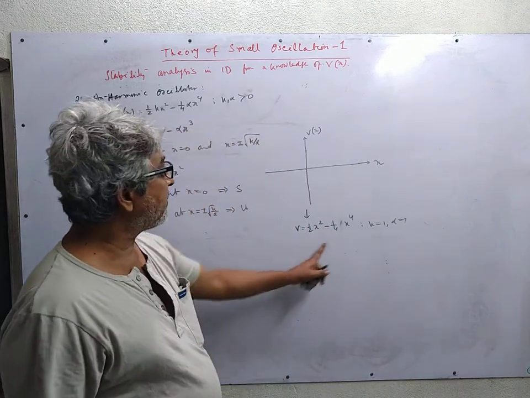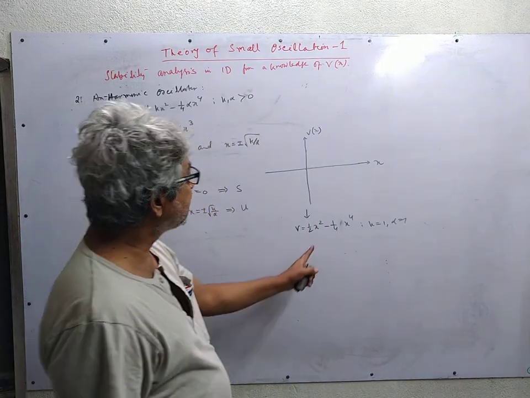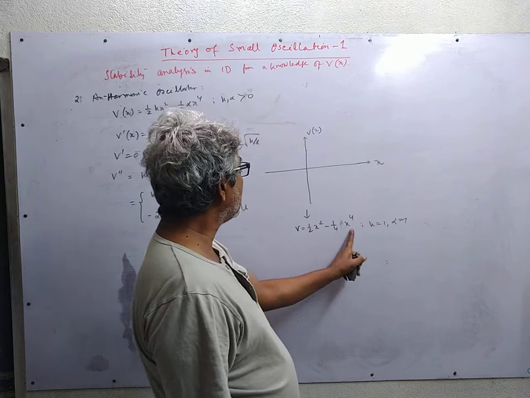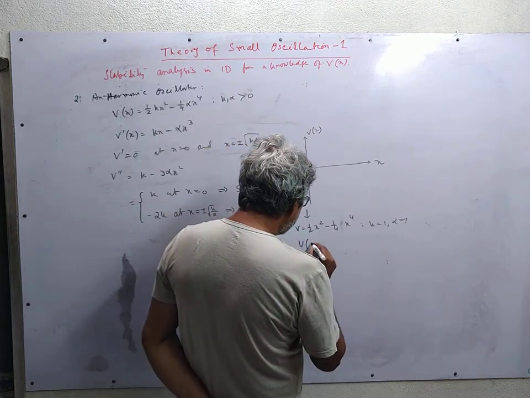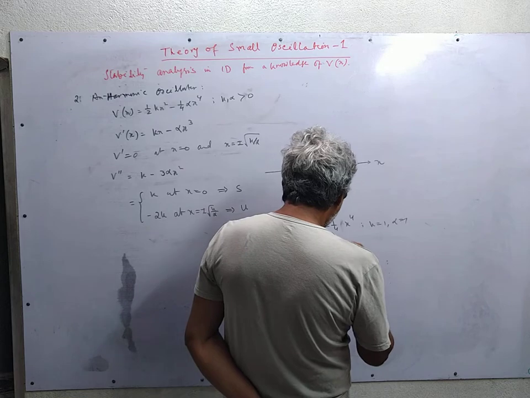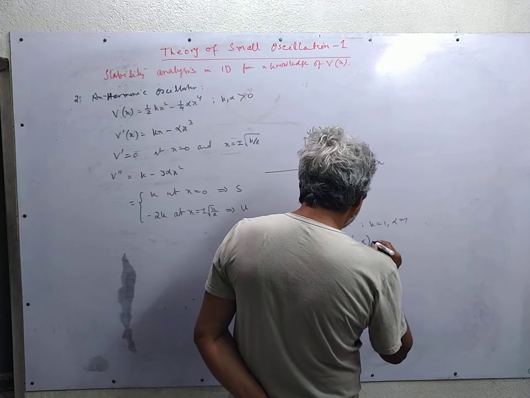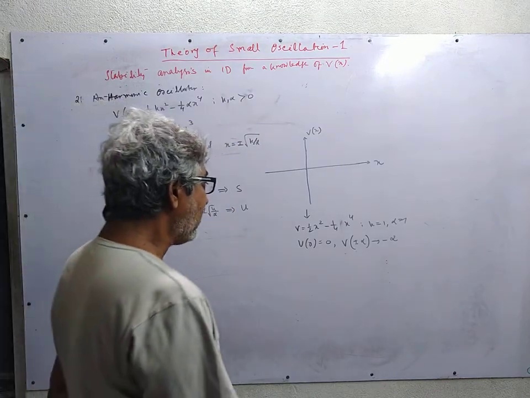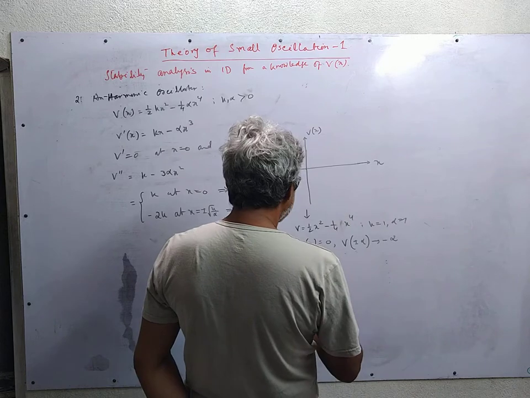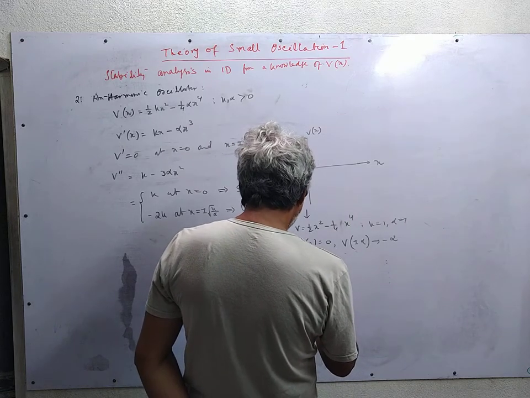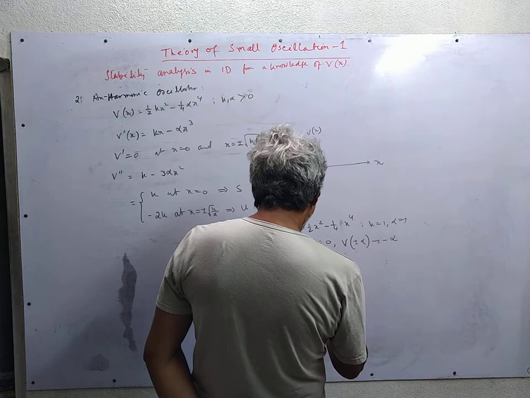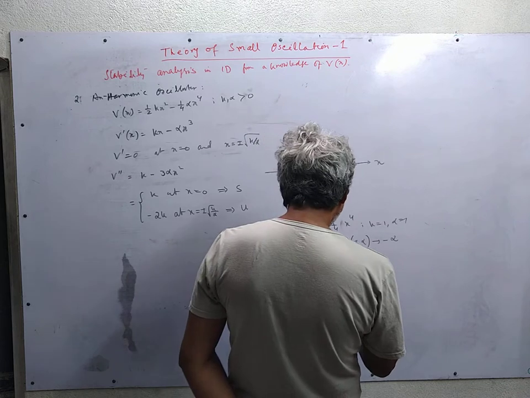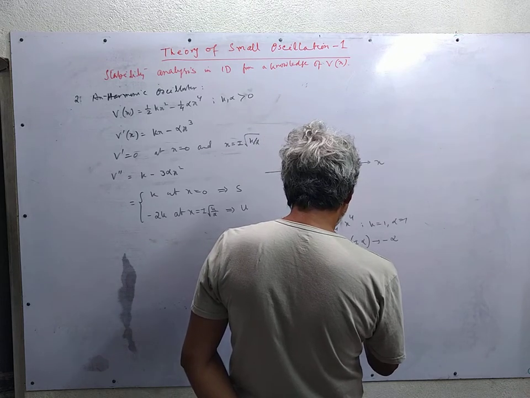As x tends to plus minus infinity, the potential goes to negative infinity because of this term. So V at 0 is 0, and V at plus minus infinity goes to minus infinity. And if we ask whether there are other points at which V is 0, we can take 1 by 4 x square common, and then this is 2 minus x square.